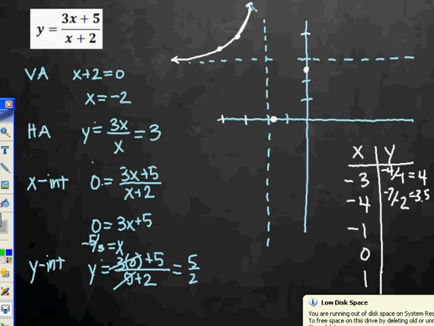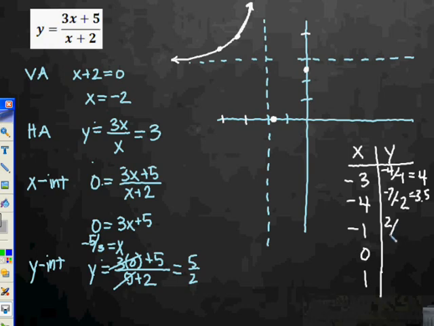Now, let's look and see what's going on at -1, 0, and 1. If I put -1 in, I'll have -3 plus 5 is going to be 2, and then -1 plus 2 on my bottom is going to give me a positive 1. I get a 2 here. So we have (-1, 2) right there. And then 0, we obviously realized already, we graphed that, so I guess we didn't even need to graph it.